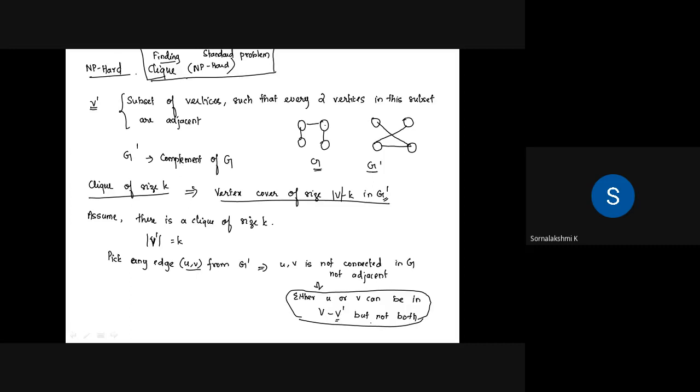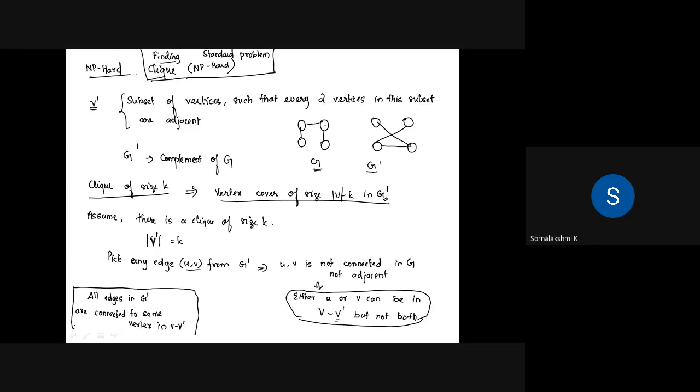So if I'm able to do this, then I can conclude that all edges in G dash are connected to some vertex in V minus V dash. This is the conclusion.